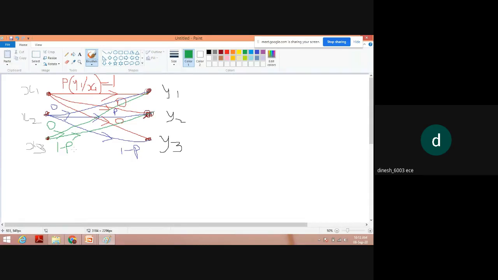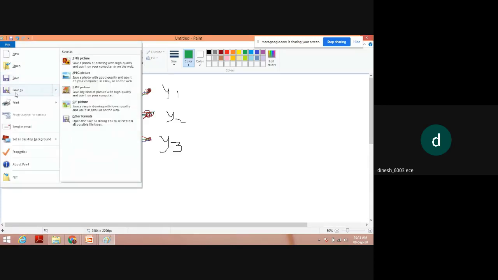And P of y3 over x3 is p. So this is how to start with the diagram. This is how we start. Okay, let me save this.